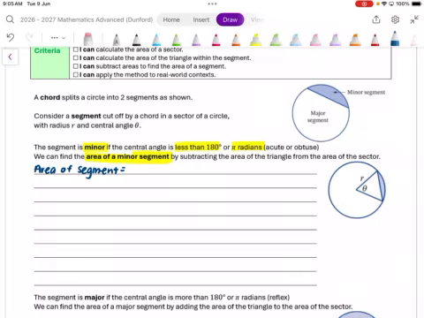is that area of a sector minus our area of a triangle. Okay, so in our diagram off to the right, we have our little minor segment in there, but we have our sector attached.